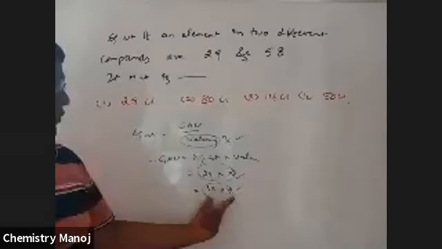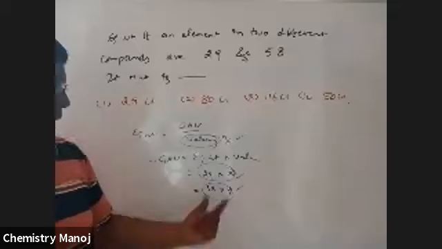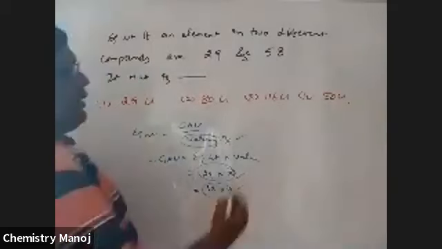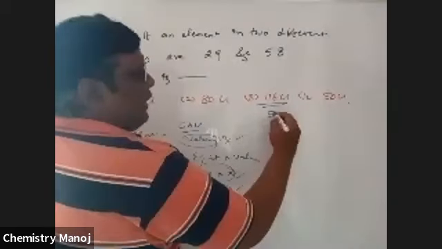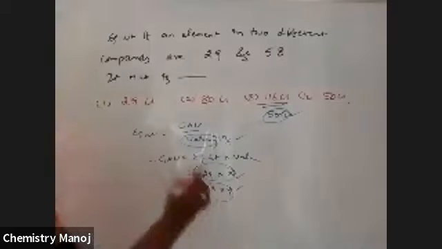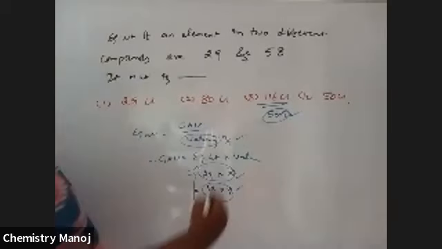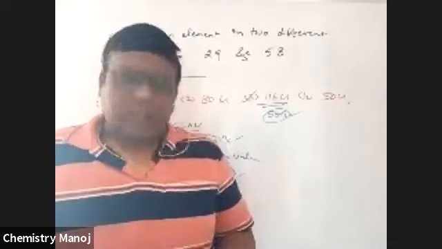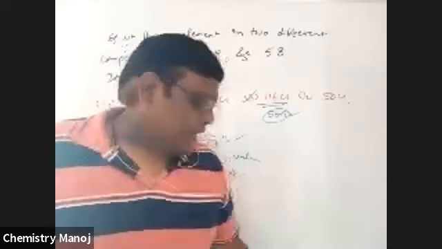So both of these are possible, which means either a 29 multiple or a 58 multiple is the answer. Now here 58 into 2 is the answer, so no other option satisfies either of these 2 formulas. That is the final answer. Okay. So these are the different model problems based on yesterday's n factor and today's gram equivalent.